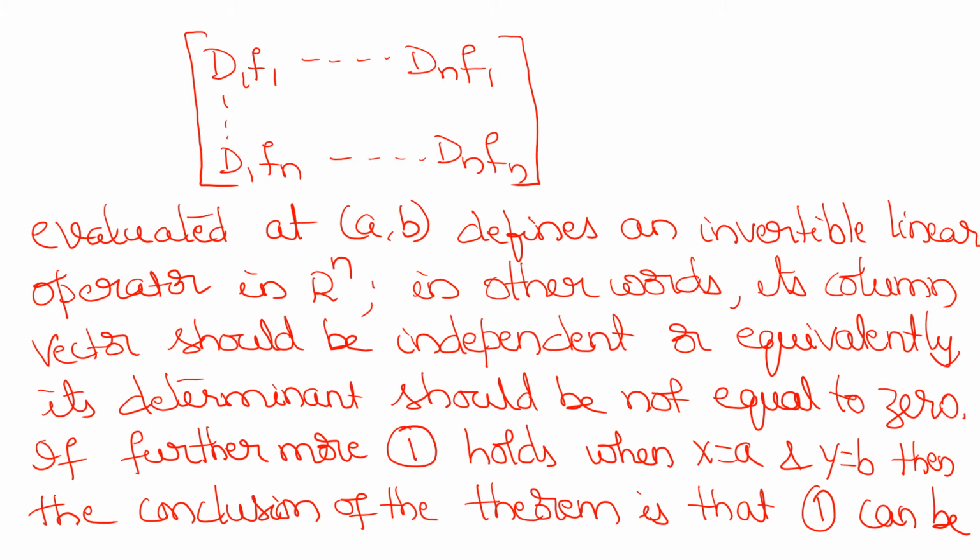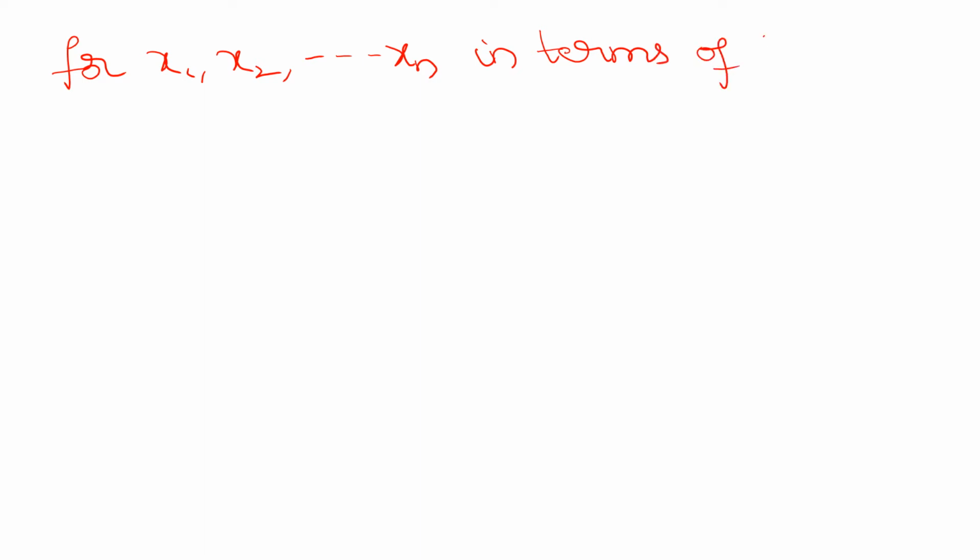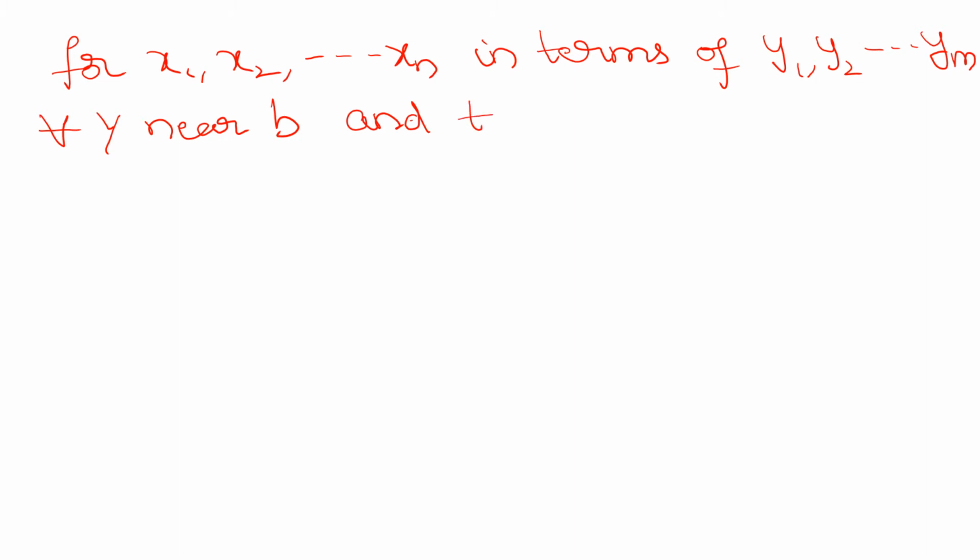Which means that equation 1 can be solved for x1, x2, etc., xn in terms of y1, y2, etc., yn, for all y near b, and that these solutions are continuously differentiable.